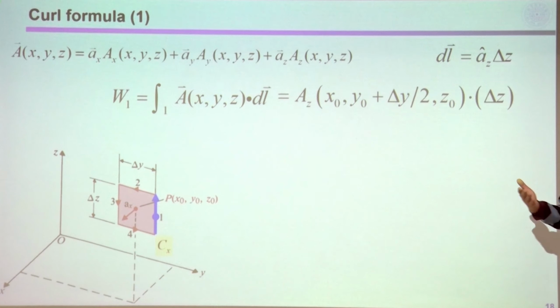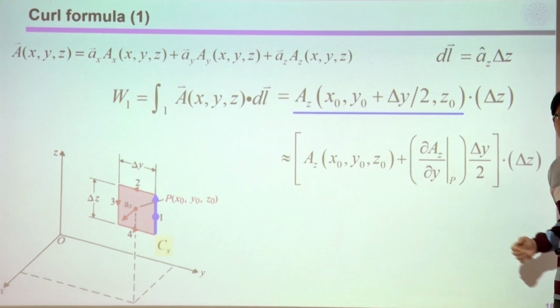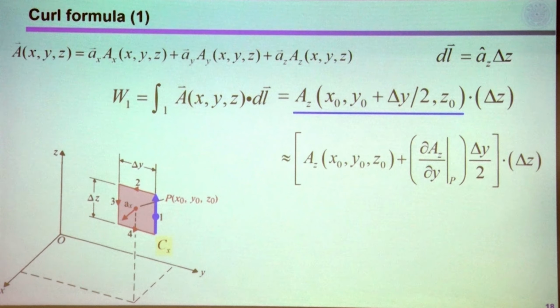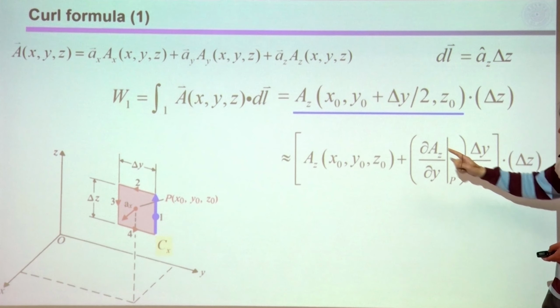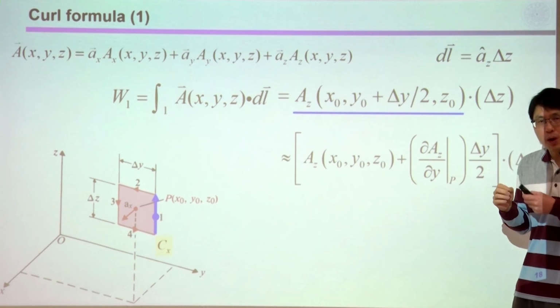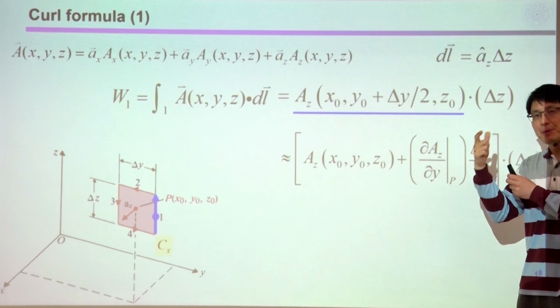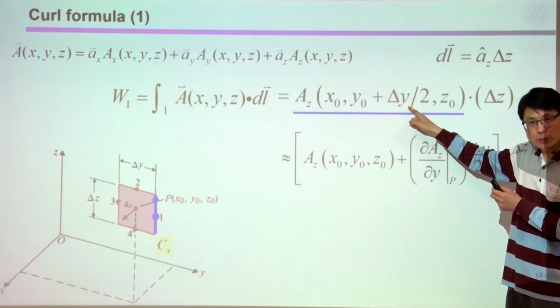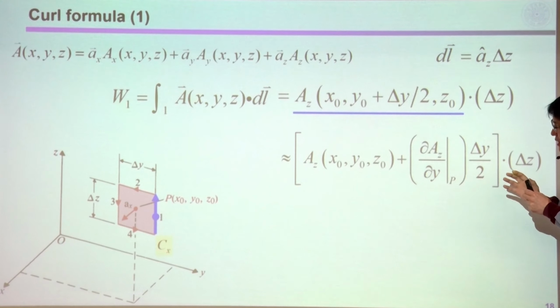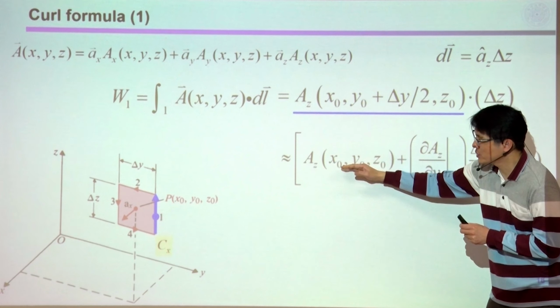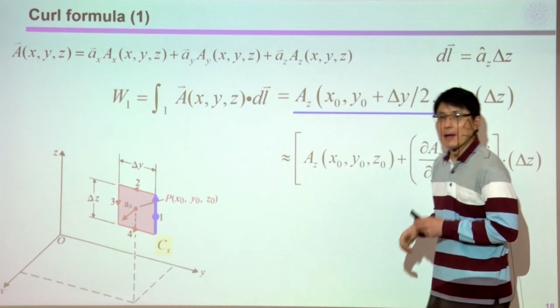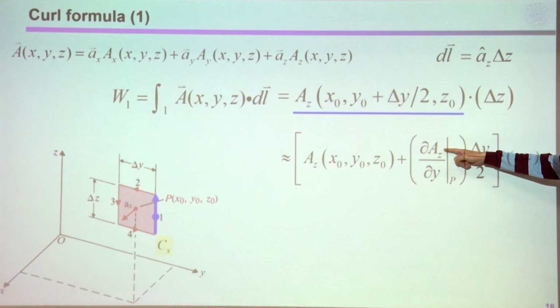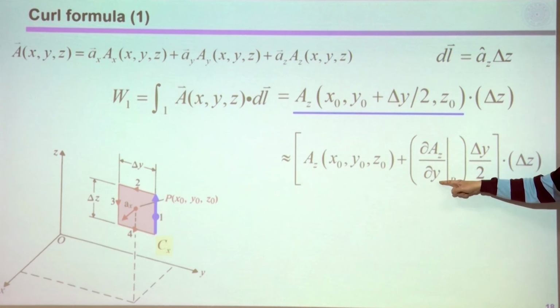But this is not new. We know how to deal with it from last week. All we have to do is perform Taylor's expansion, right? So to properly evaluate this one, be careful. The Az component, I want to evaluate the Az component, but now the offset is in the y direction. So that means I need to evaluate, this is equal to the evaluation of Az at the center point plus partial differential of Az component, but in y.